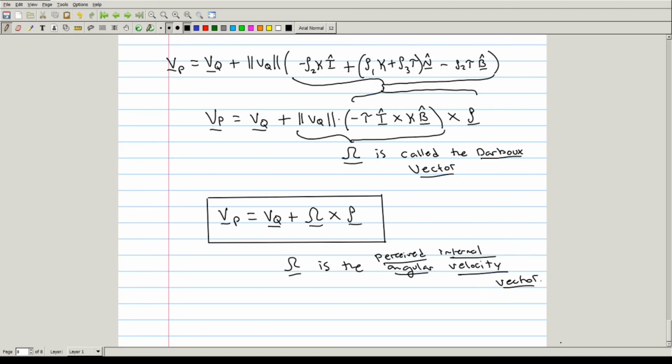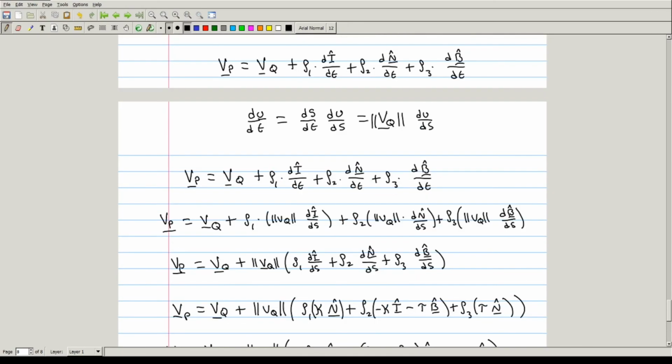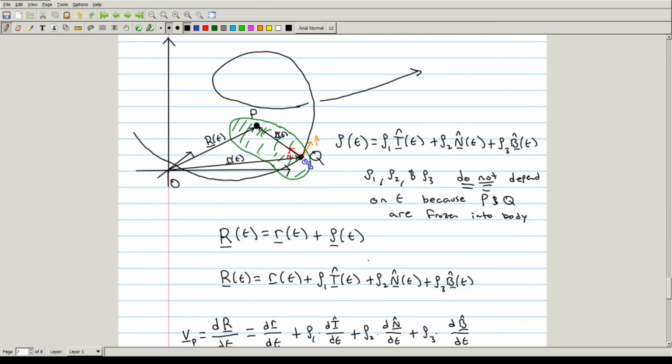So what's neat here is that our analysis has made it possible to specify this omega as the Darboux vector associated with the trajectory c, traced by the point Q of the body, and it has essentially showed us how to deal with rotational motion in kinematics. This is the correct way of dealing with rotational motion in kinematics.